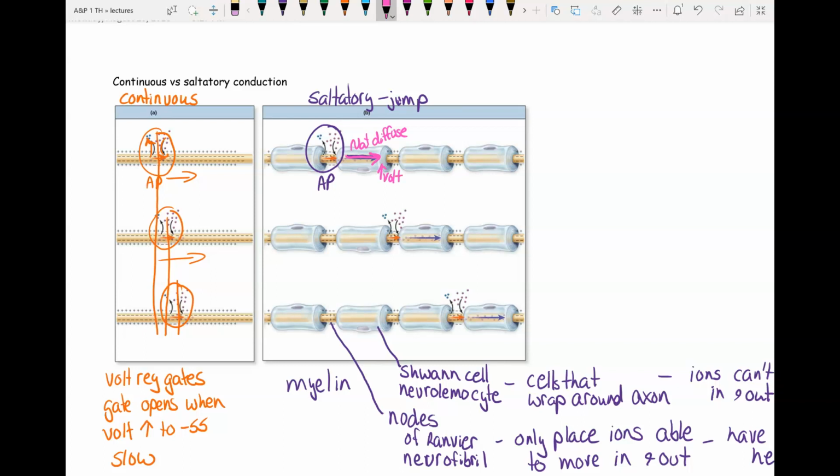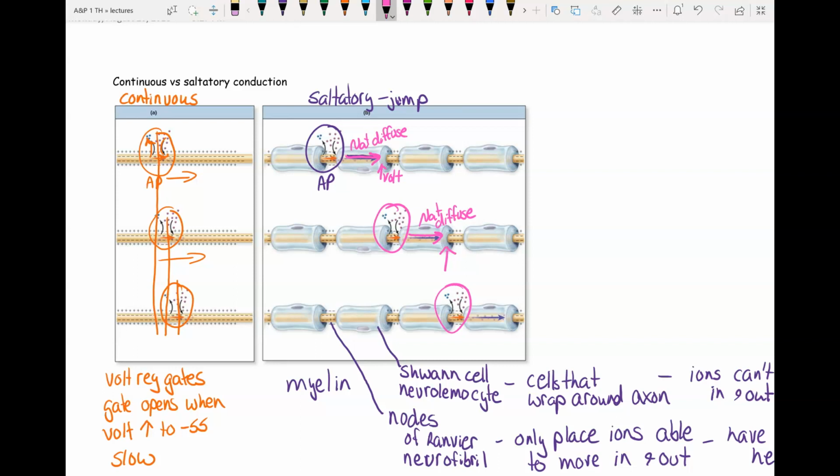And as long as it raises it to at least negative 55, then we have an action potential in the next node. And again, the sodium comes in and it diffuses under the cell. That increases the voltage of the next node, and it has an action potential.